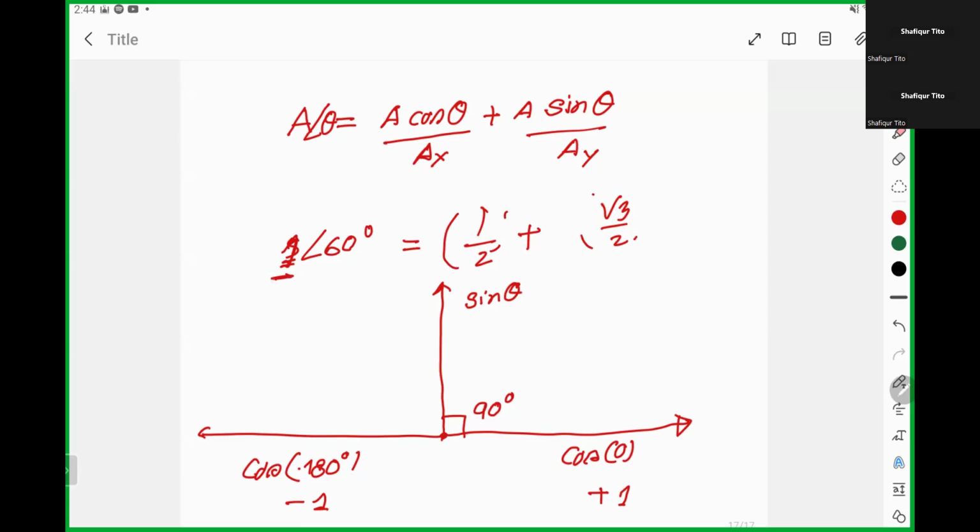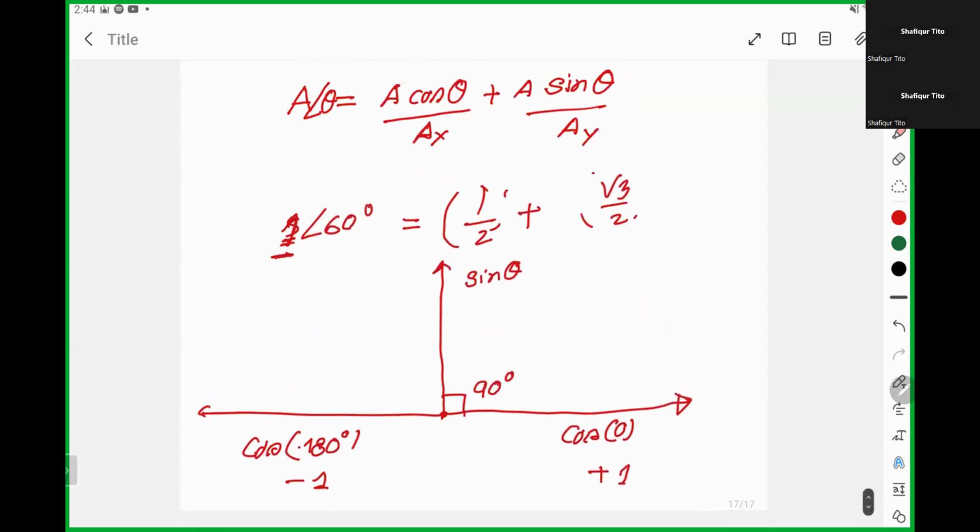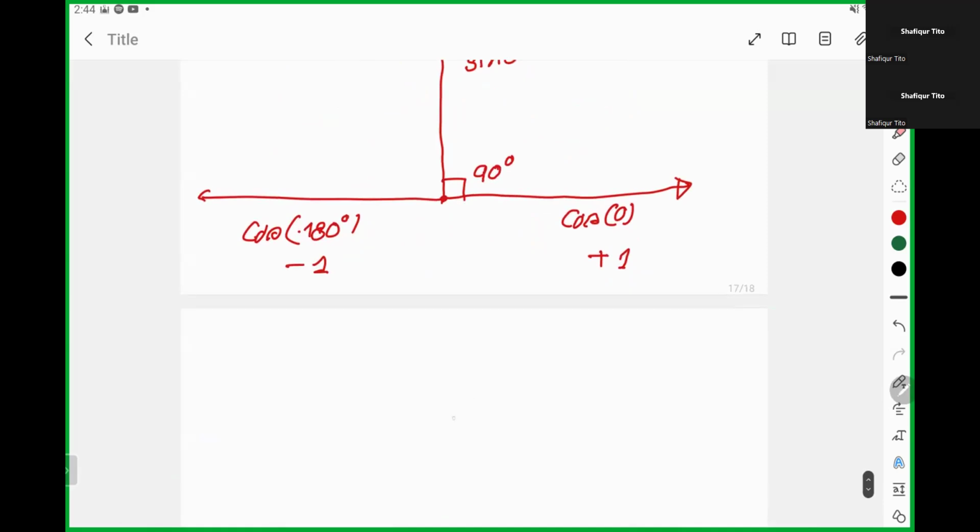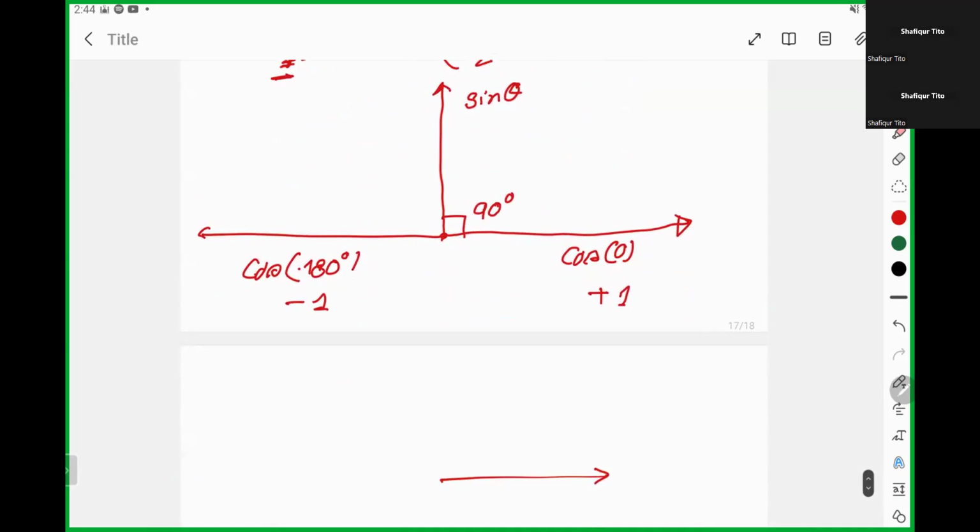So if you square, what is the value we are getting? So we are getting this one. So 1 is representing this. This one is representing half. And this one is representing, I have to make a meaning, so this one is representing root 3 by 2. And then this resultant will make 1, right?